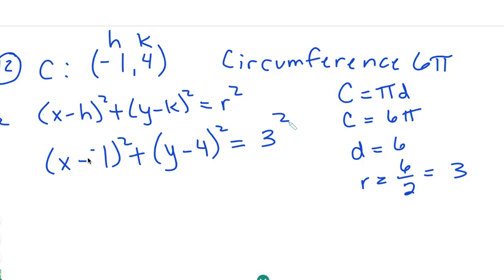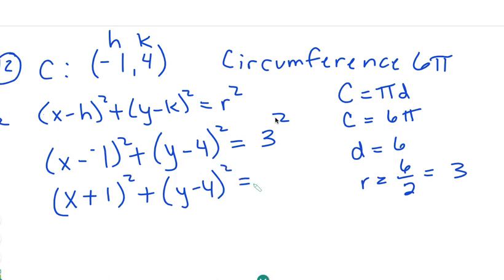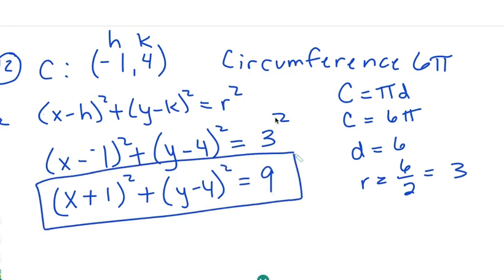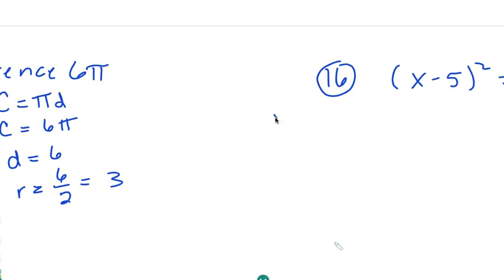I can simplify this binomial. This binomial I cannot, and I can simplify my 3. So this is going to be (x + 1)^2 + (y - 4)^2 = 9. And that is the equation of a circle with a center of (-1, 4) and a circumference of 6 pi.